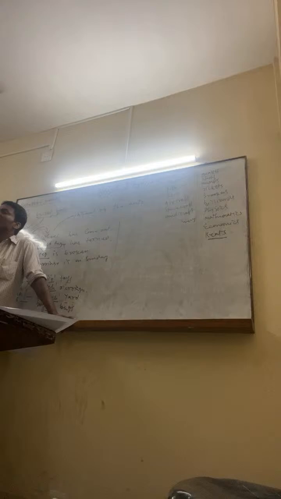Articles can be used with the simple noun, with the compound noun, and with the complex noun too. From our childhood days we understood that there are two types of articles: definite and indefinite, isn't it?